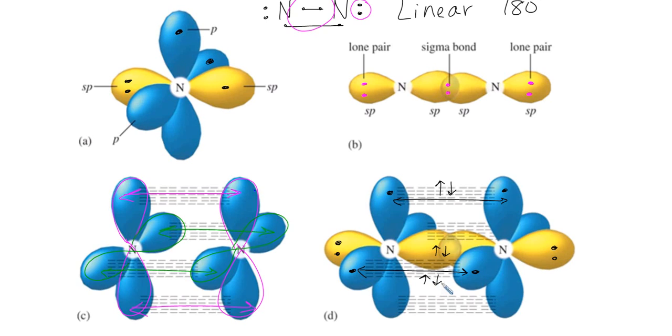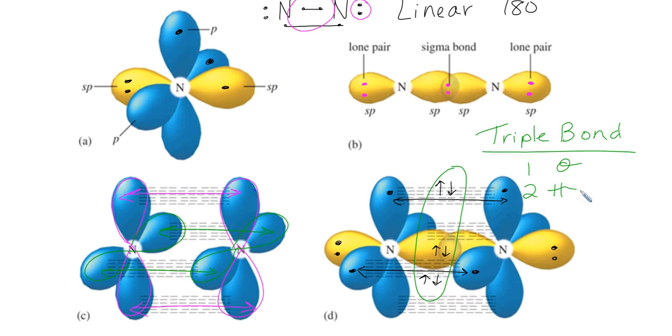Here's your triple bond. Here's your sharing of 6 electrons. Cool. Make yourself this note, a triple bond will always be 1 sigma and 2 pi bonds.